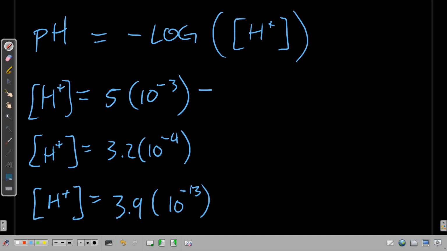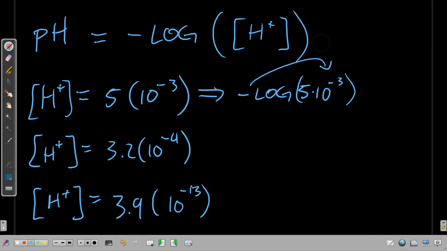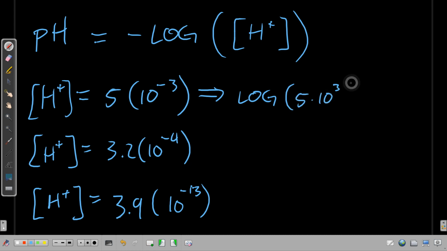So, in turn, the pH of the lemon juice is minus log of 5 times 10 to the power of minus 3. But that minus can come up here, and I can save a step in my calculation by just saying log of 5 times 10 cubed, which is just the log of 5,000.